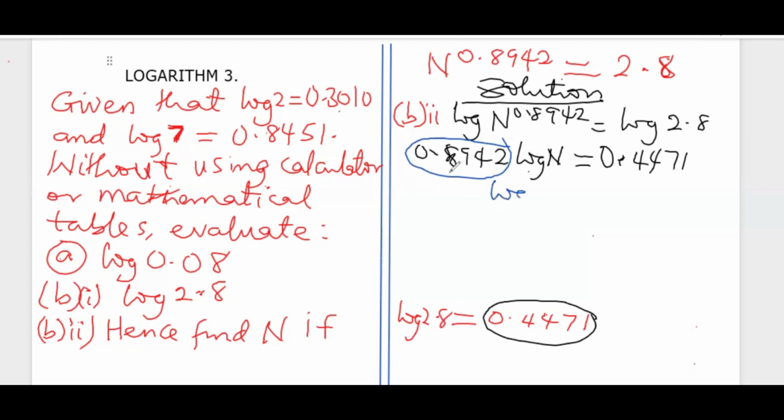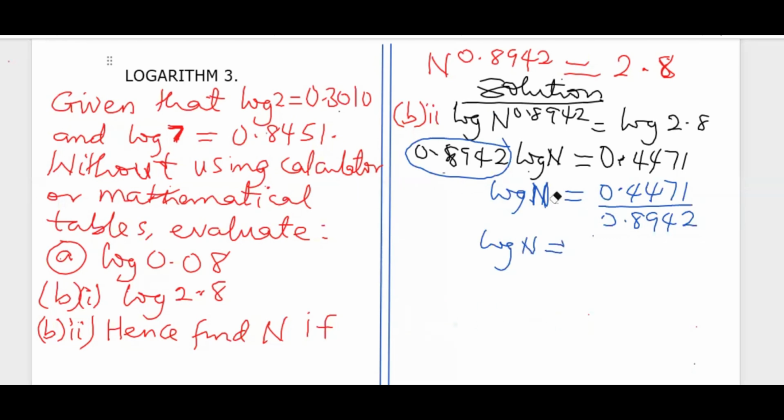So we have logarithm of n equals 0.4471 divided by 0.8942. If you divide correctly, you should get 0.5, which is 1/2.